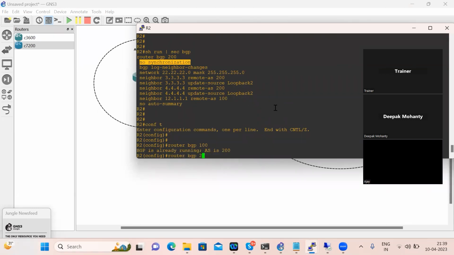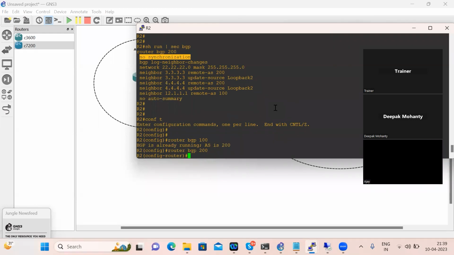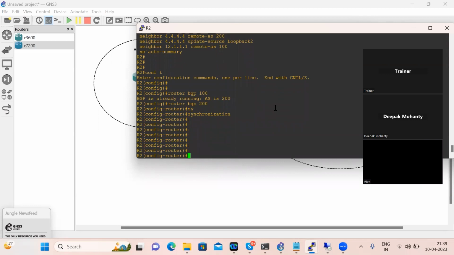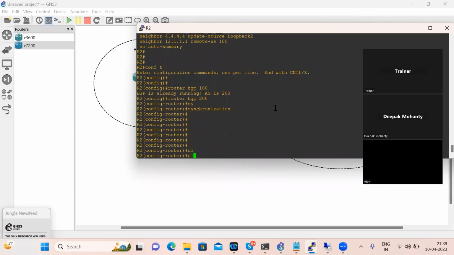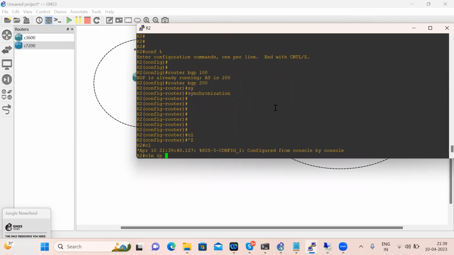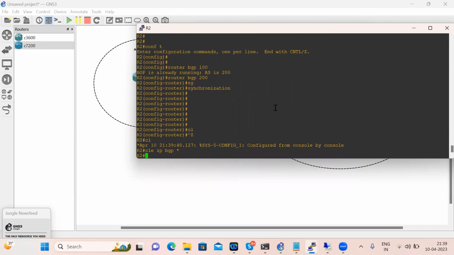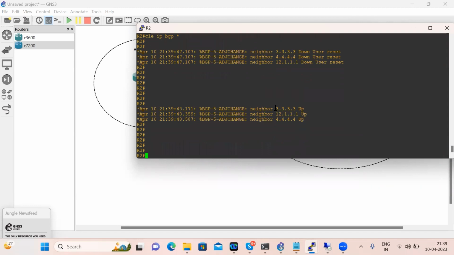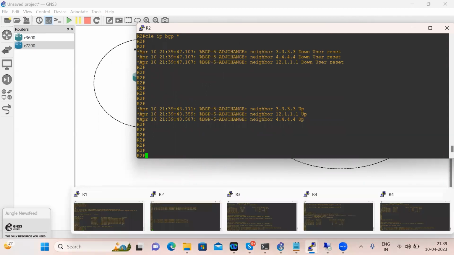Router BGP 200. No synchronization is running. We will enable synchronization, and then we will run clear IP BGP star. Let's wait for some time to get it converged, and then we will see.